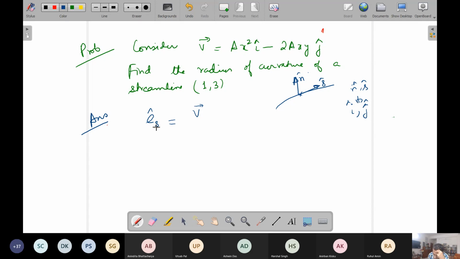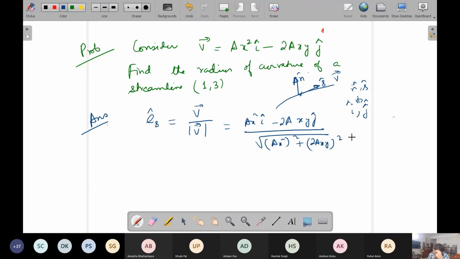So the unit vector is any vector in that direction, which is the velocity always, divided by the magnitude of velocity, and that is very easy to do. So you have ax squared i minus 2axy j divided by the magnitude, which is root over (ax squared) squared plus (2axy) squared. So it will be some i plus some j.